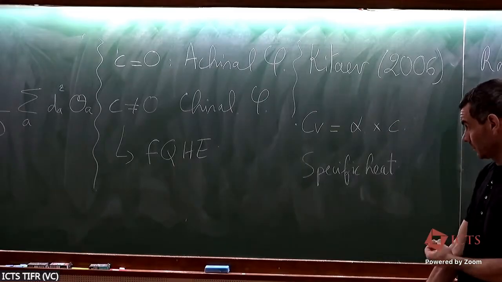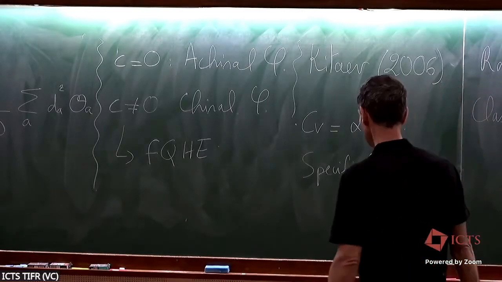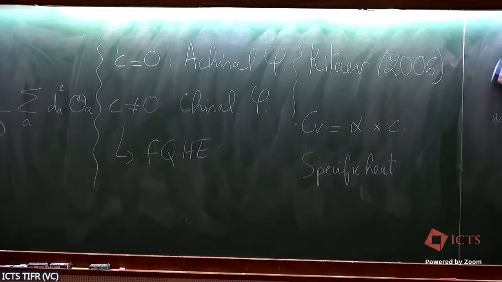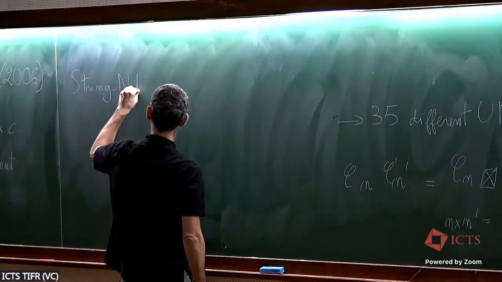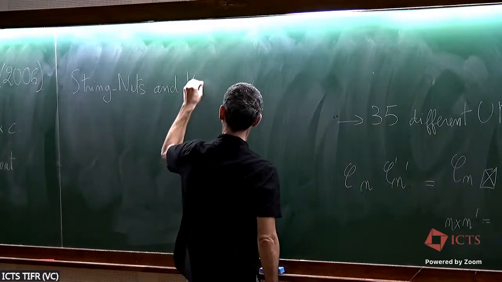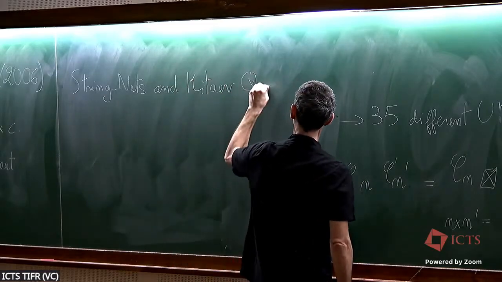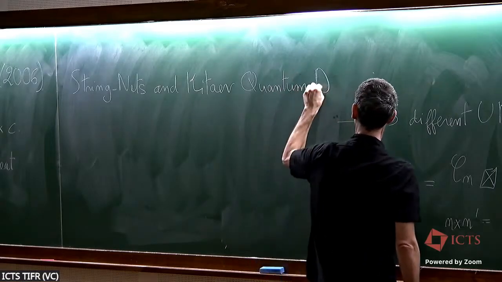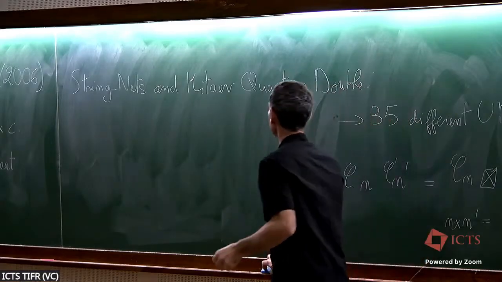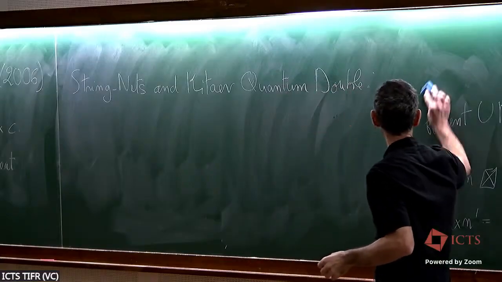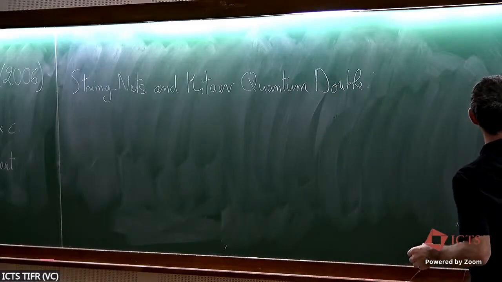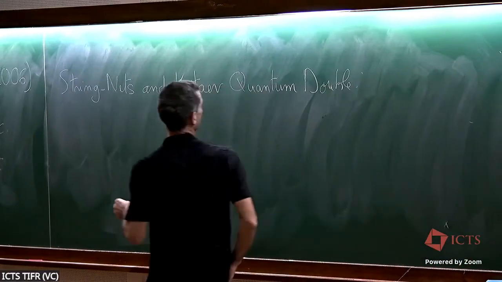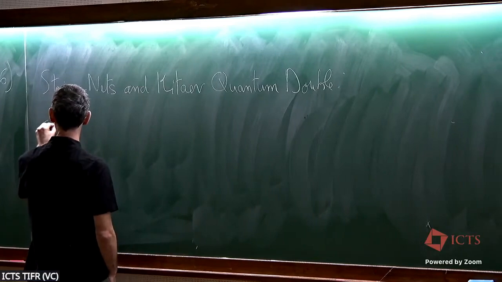So the theory will be chiral. Now in condensed matter, for microscopic models, the most famous ones, like string nets or the Kitaev quantum double, the emerging theory, the proper anyon theory which describes the excitations of these models, all have the property that c equals 0.